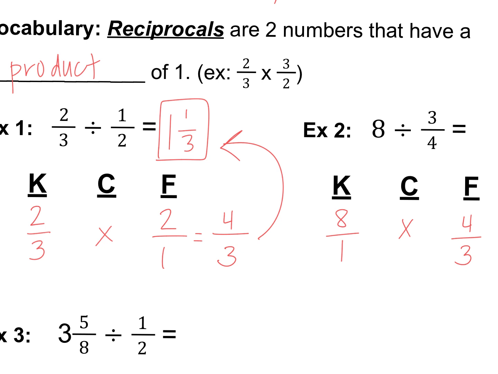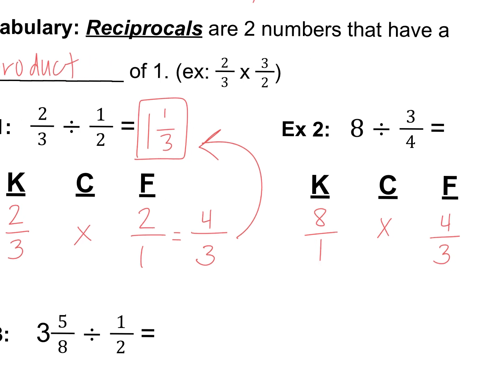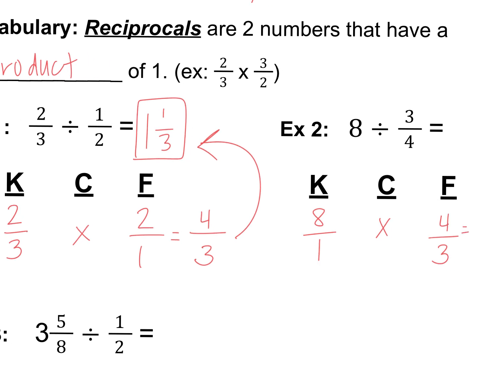So my answer is probably going to be bigger. It's definitely bigger. So when I multiply straight across, 8 times 4 is 32, 1 times 3 is 3, and then when I change it back to a mixed number, it's 10 2/3. Bigger.